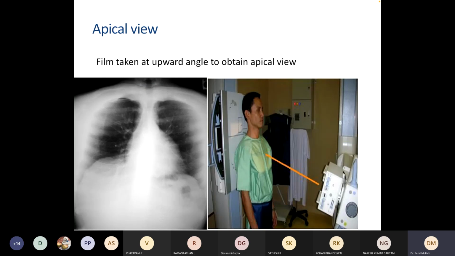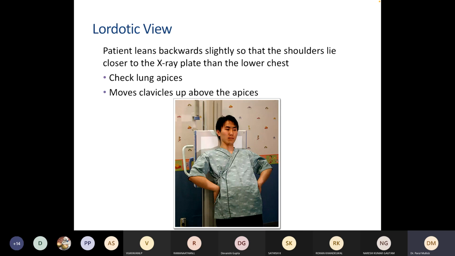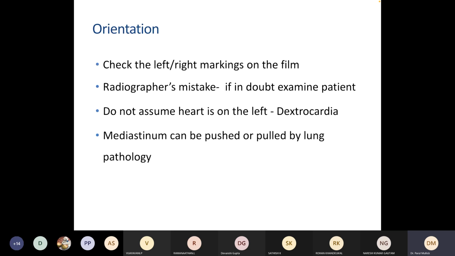Okay. Now, other views are the apical view, lordotic view and oblique view. These are very uncommon views, but they are directed to identify certain pathologies.